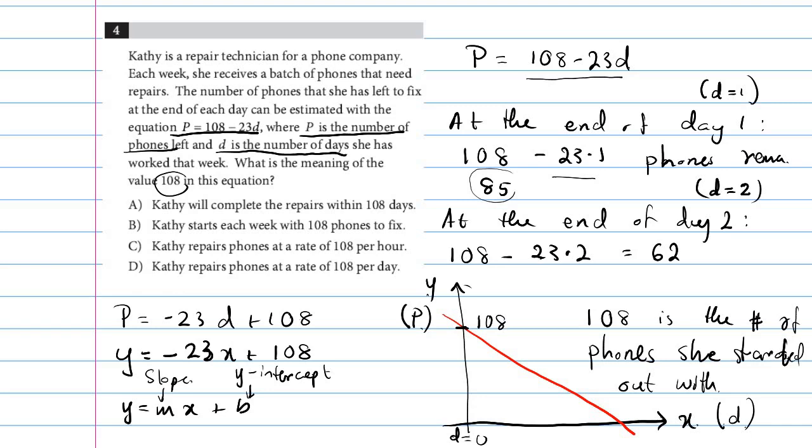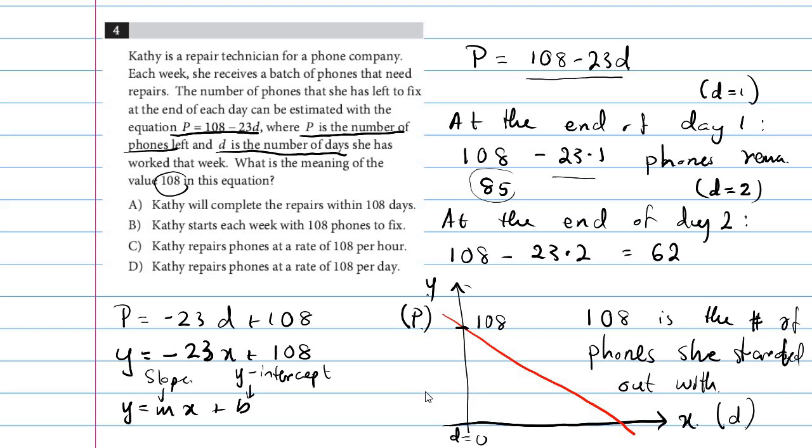All right, so at the end of day 2, you have finished 2 days of work, which is you have prepared 2 times 23 fonts, which is 46, and you need to subtract that from the number of fonts that you started out with, right? So that's how you get 62. So in the bigger picture, this is the idea behind this formula, right? Each day you prepare 23, right? So that's the idea behind this question.